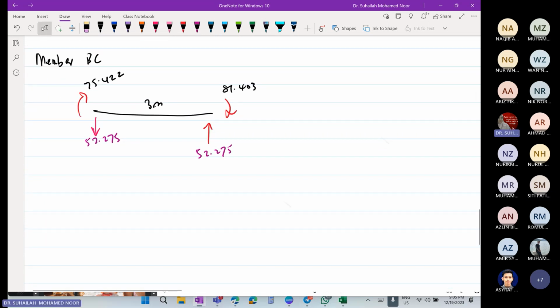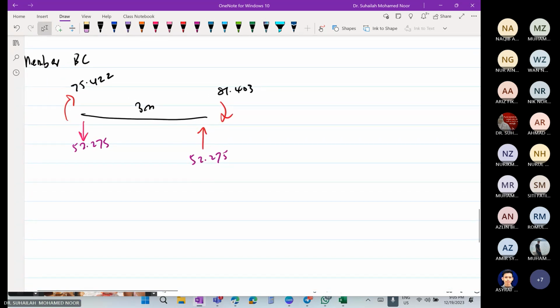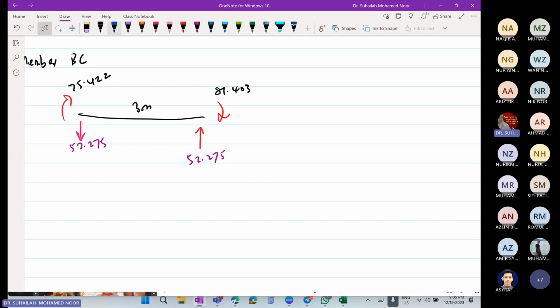So for the shear force diagram, it is down and up. What does it mean? This is the first value going down, and this is the last value going up.